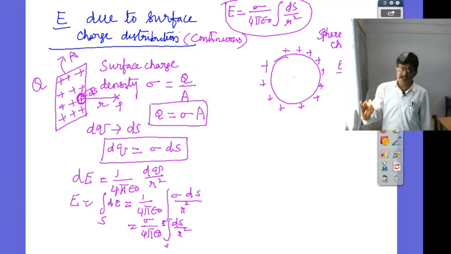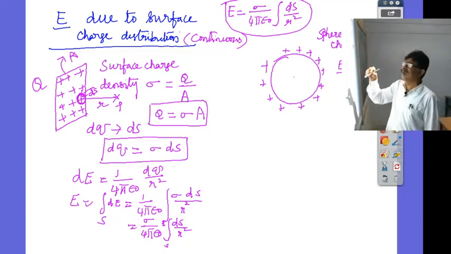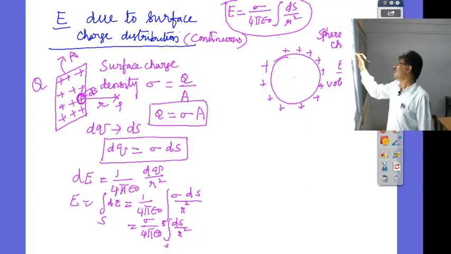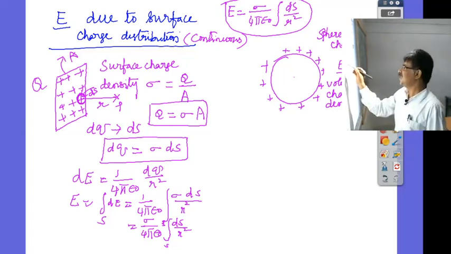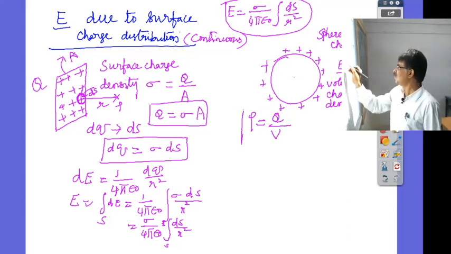Again the procedure is the same, but you are supposed to recall one more density, that is volume charge density, which we already discussed. What is this volume charge density? Volume charge density, rho, is defined as the charge per unit volume.